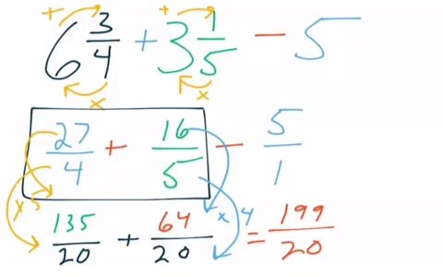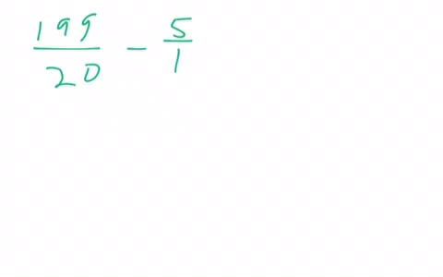Now I don't need to turn it into a mixed number just yet because I still need to subtract my 5 over 1. So I have 199/20 minus 5 over 1. Okay, so I still need common denominators. What do 20 and 1 go into? Well, 20 would work.